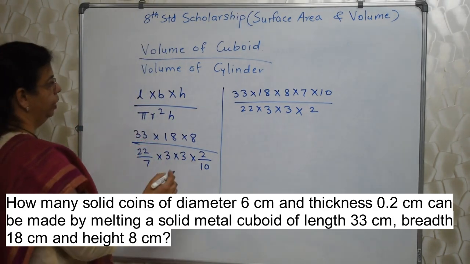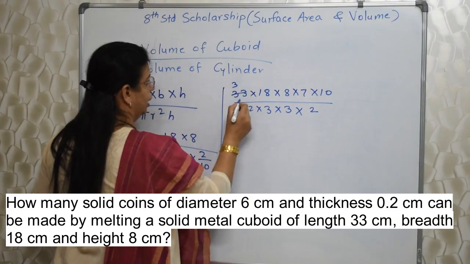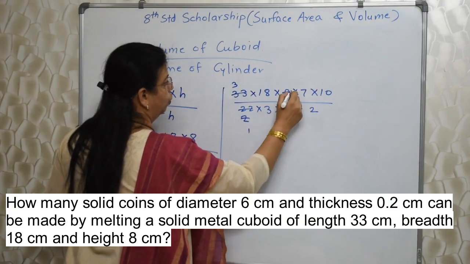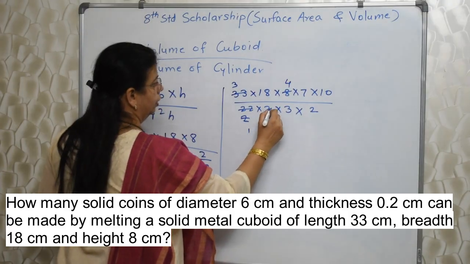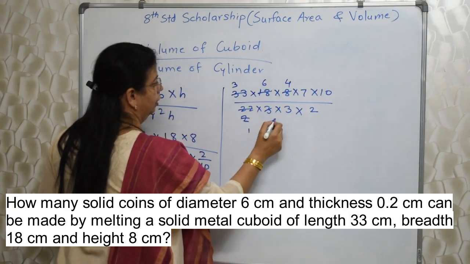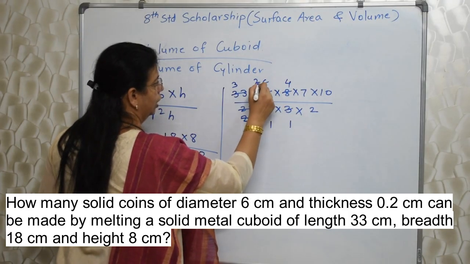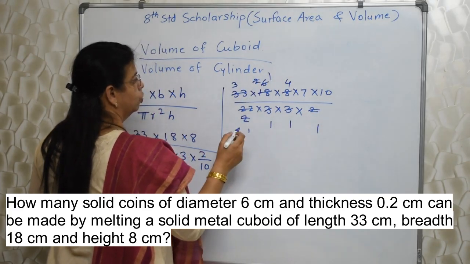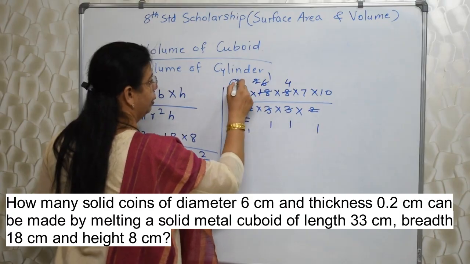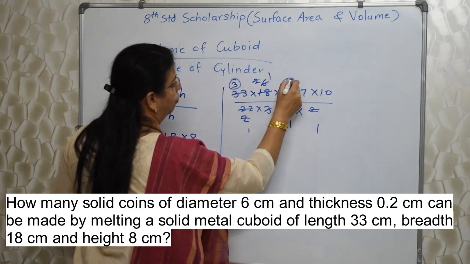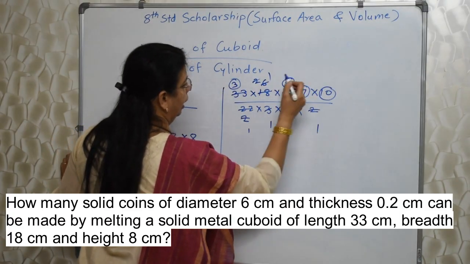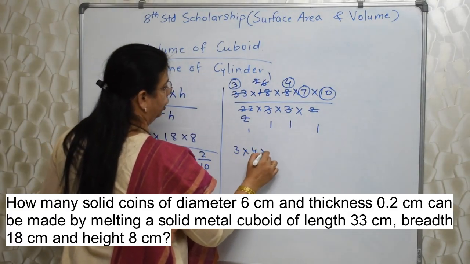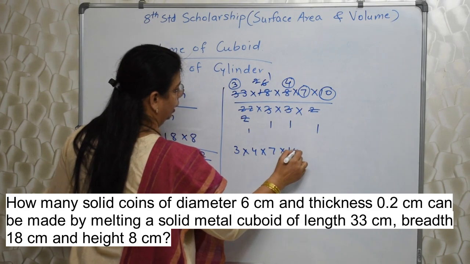Now let's do the division. 11 3s are, 11 2s are, then 2 1s are, 2 4s are, 3 1s are, 3 6s are, 3 1s are, 3 2s are 6, then 2 and this 2 gone. So these all are 1. So what is remaining? 3 and 4 and 7 and 10. So let's multiply it. 3 into 4 into 7 into 10.